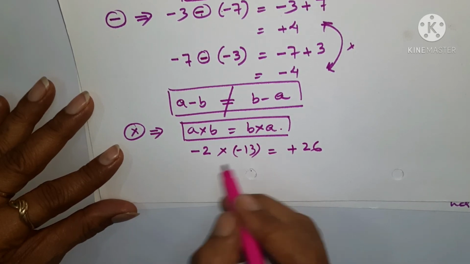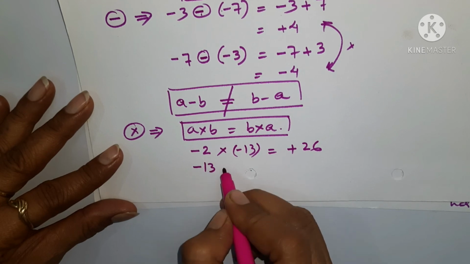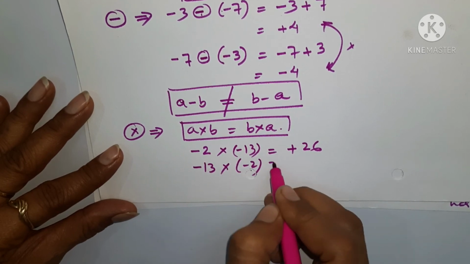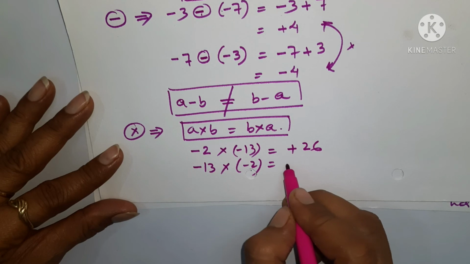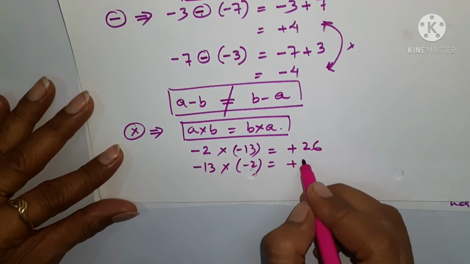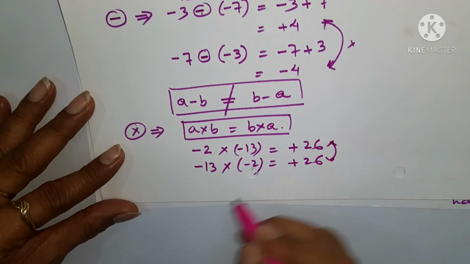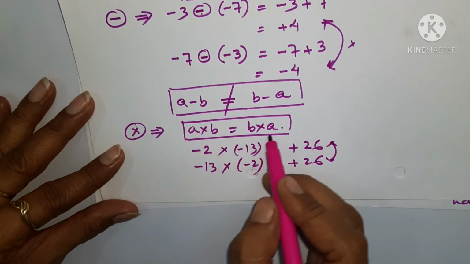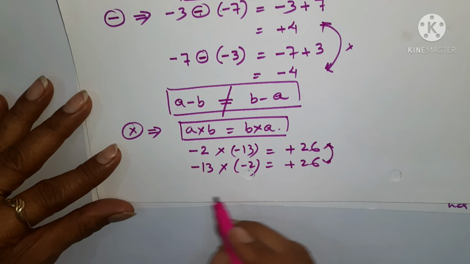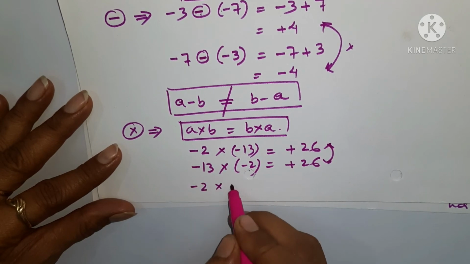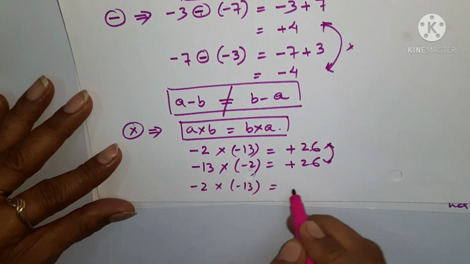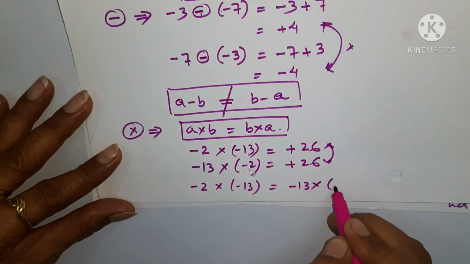Just take this to first position. -13 into -2. What result you are getting? Minus into minus plus, and 13 twos are 26. Both the results are same. It means you can say that a into b is equal to b into a. That means -2 into -13 is equal to -13 into -2.